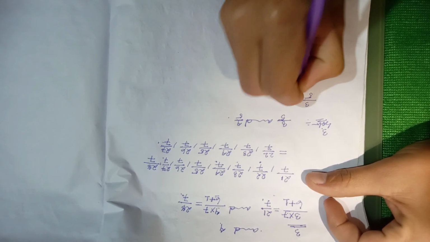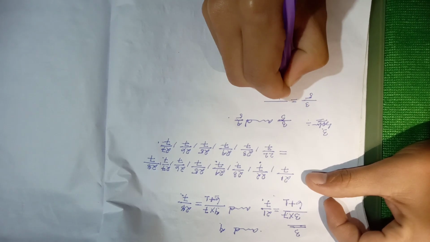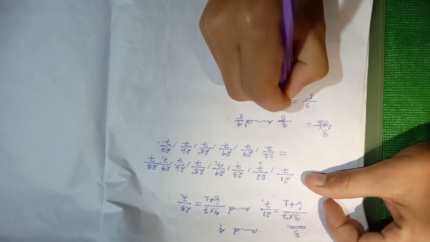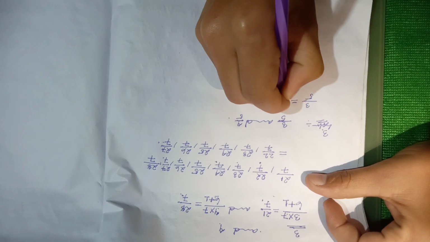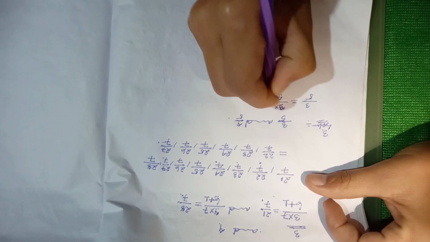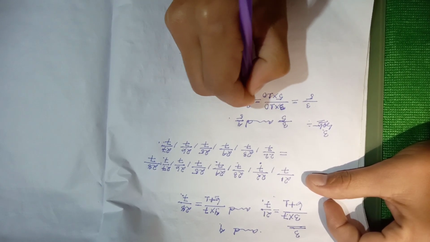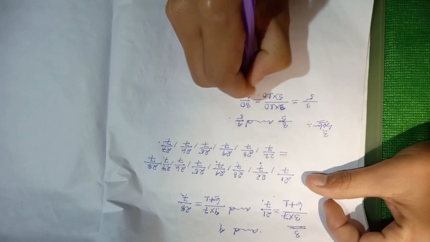How to do it? Just multiply 5 with 10. So if it is 10, you have to multiply with 10 even in the upper side. 3 times 10 will give you 30 and 5 times 10 will give you 50.